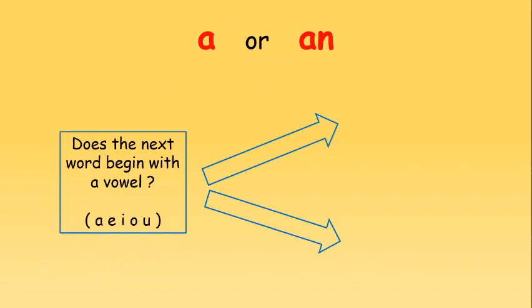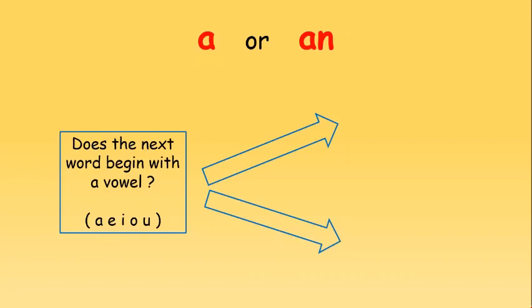Now children, I had taught you a simple way to differentiate between article a and an. If you want to figure out which article to use, we need to look at the next word after the blank and ask a simple question. Does the next word begin with a vowel?